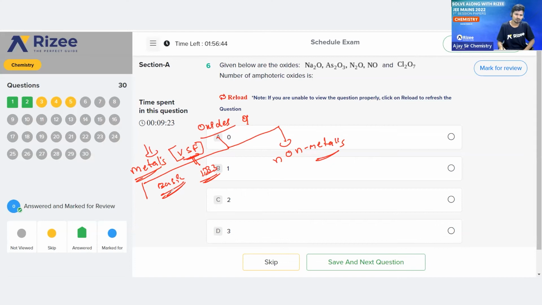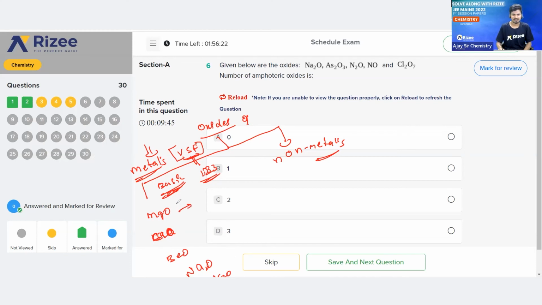See here, very simple. MgO, CaO, calcium oxide, magnesium oxide, beryllium oxide, and Na2O and K2O. These all are basic oxides.